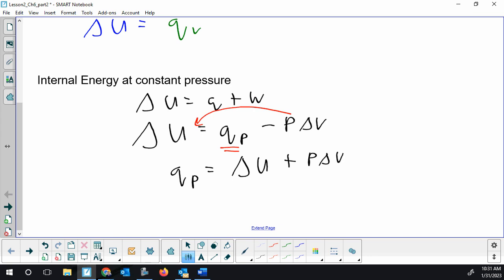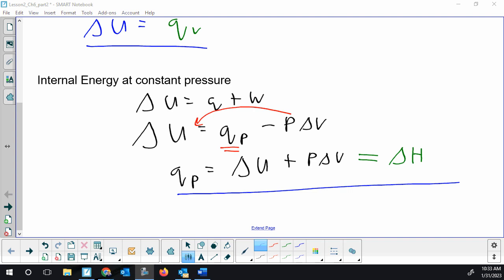Or I'd have to go negative work. And this is our advanced placement definition of change in enthalpy. Change in heat, or Q at constant pressure, is enthalpy change, which would be internal energy taking away the work from the internal energy. So there's a slight difference between internal energy and enthalpy.